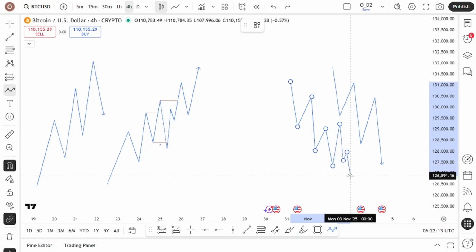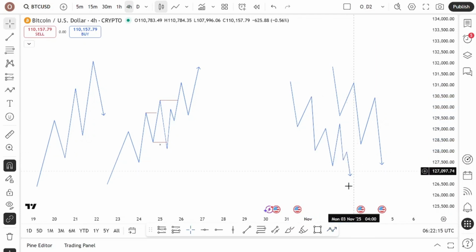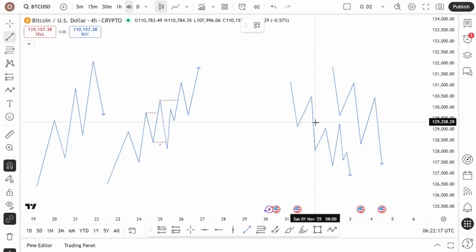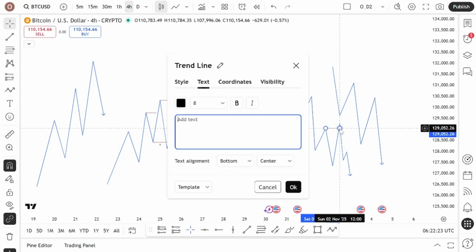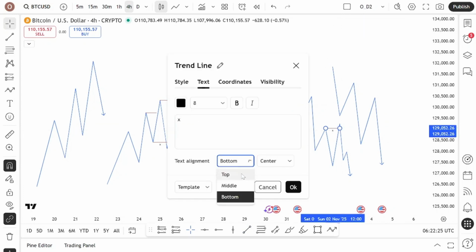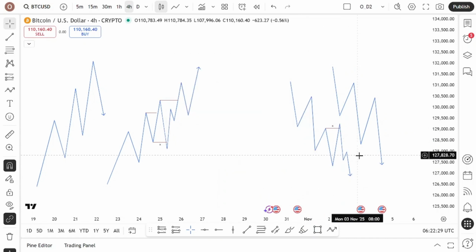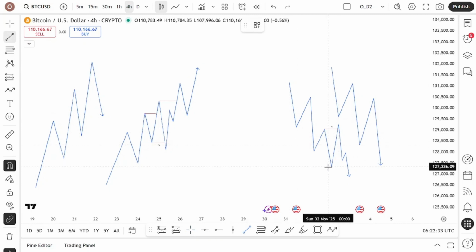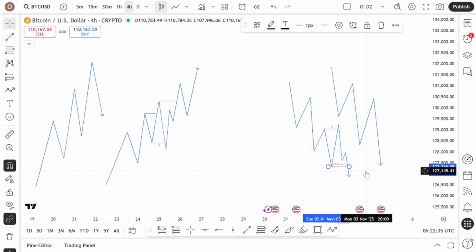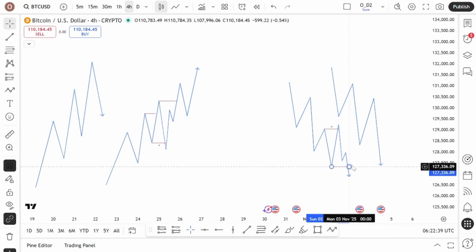You try to buy and then price goes to the downside. Now here was an inducement. Yep. So now you have this like this, and price went to clear this, right?